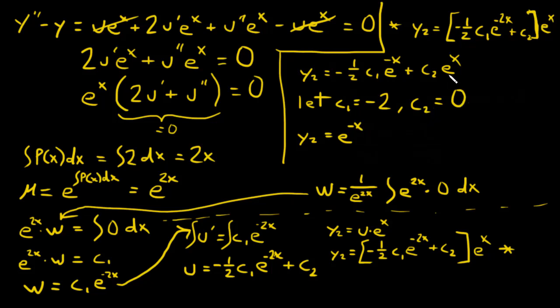And if C2 is 0, well, that term goes away and I'm left with, drum roll, y2, the second solution, is e to the negative x. If you remember, y1 was e to the positive x, and we were trying to find what y2 could be. We went through this whole procedure, and it turns out y2 is e to the negative x.